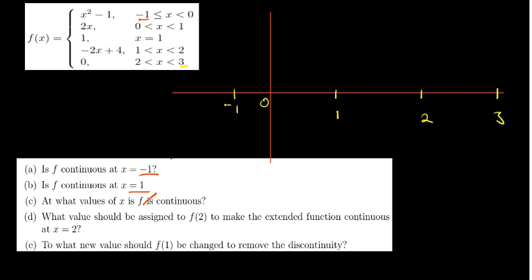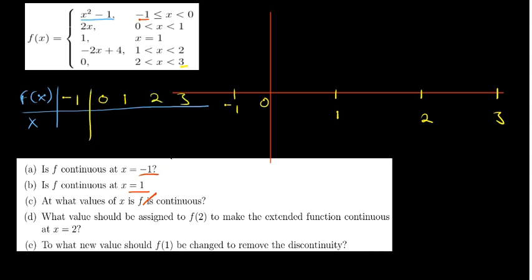Okay, now we can try to sketch. For the first one, the function we have is a quadratic moving from -1 to 0. You can come up with a table of values first: x and then f of x. So we have -1, 0, 1, 2, 3. This is just a rough, very fast one.